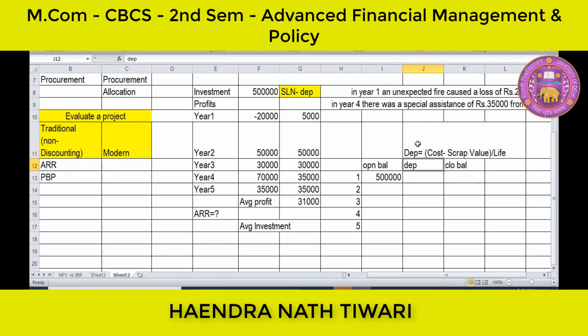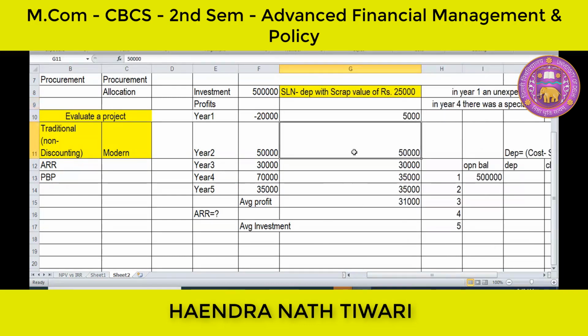Here the scrap value seems to be 0. Let's bring in the scrap value also, with a scrap value of rupees 25,000.